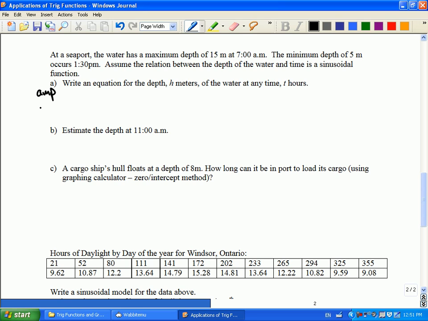Amplitude, yeah, what else? Period, what else? Center I heard, and phase shift I heard. Okay, so can anybody figure out one of those pieces by looking at that stuff? Yeah, of course you can.